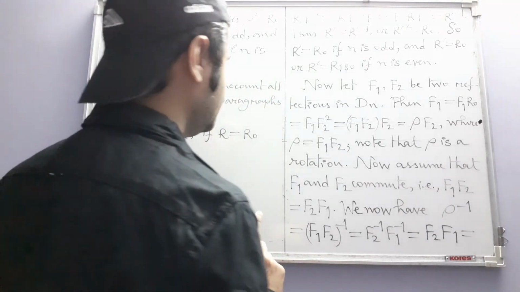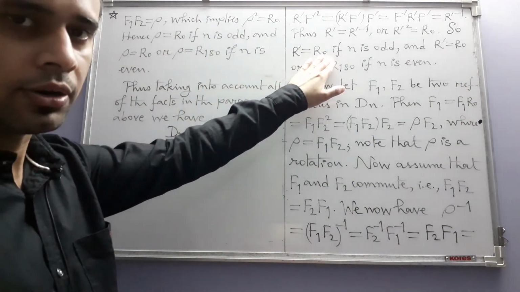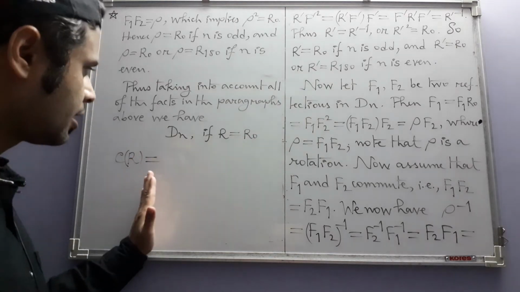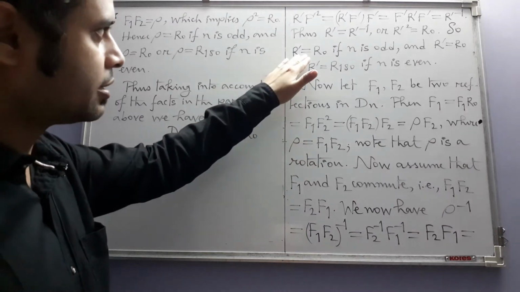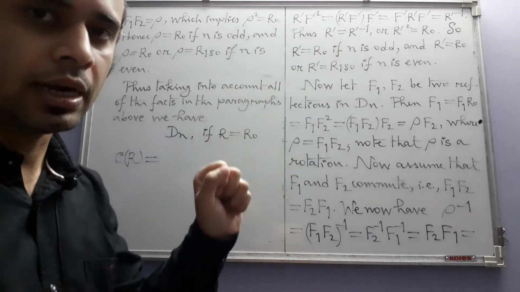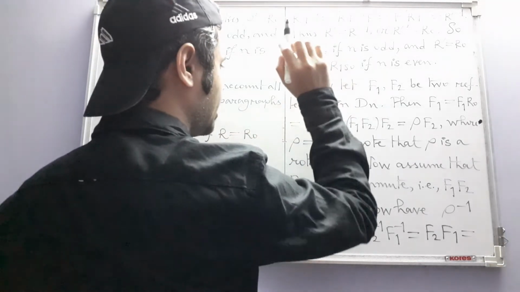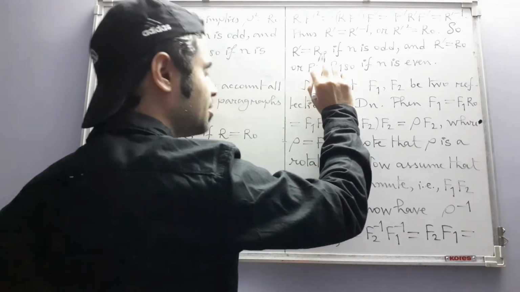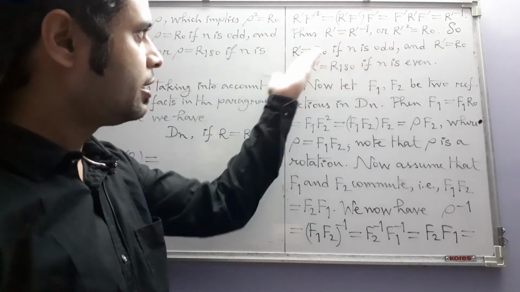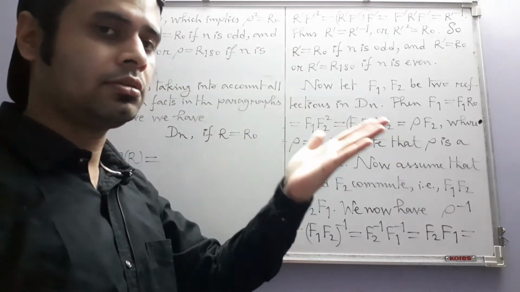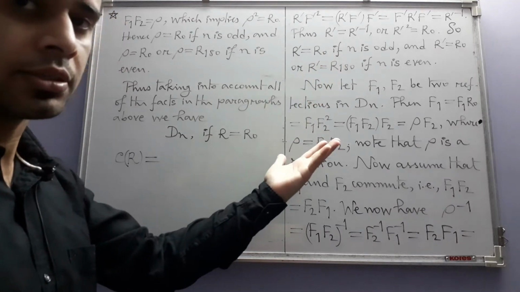But if n is odd and R is not equal to R naught, then the centralizer of R does not contain any reflection, because in that case no reflection commutes with R. Do you get the point? If our R is different from R naught and if n is odd, then this is the only condition in which R will commute with some reflection.